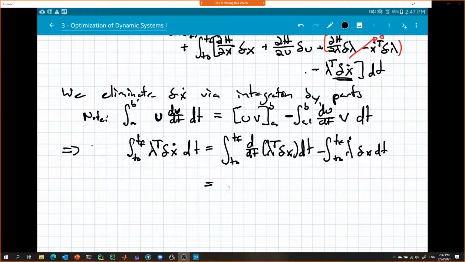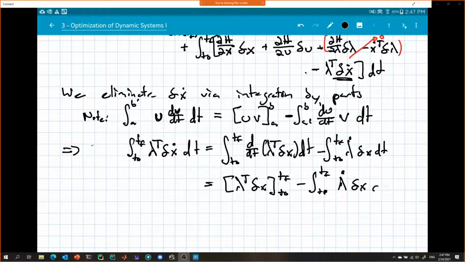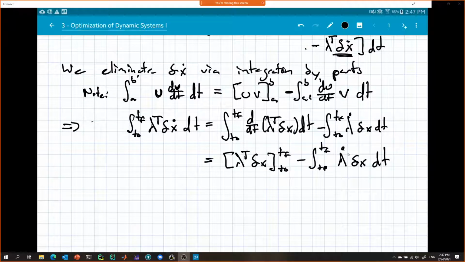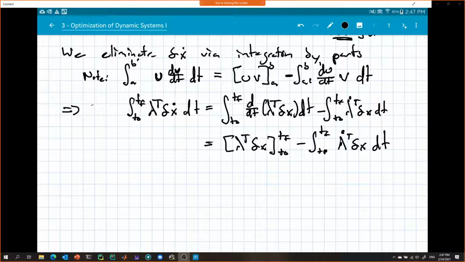So this is easy to solve because the integral cancels the derivative, and then we have this left over. So we traded the derivative being on the variation of x for the derivative being on lambda.